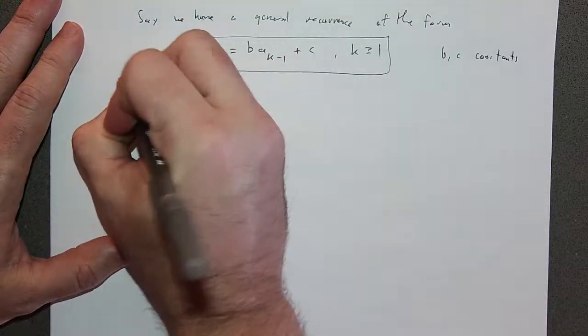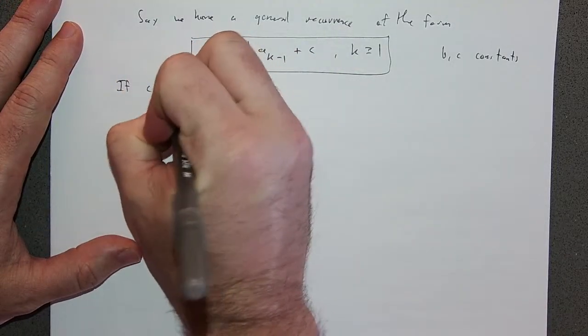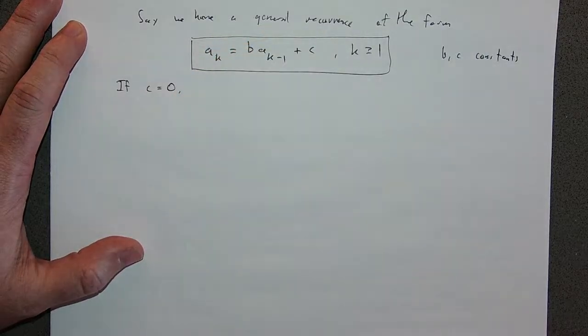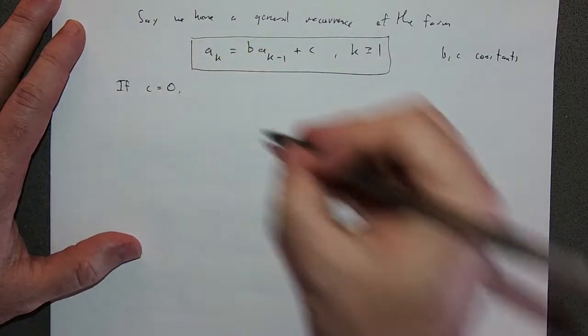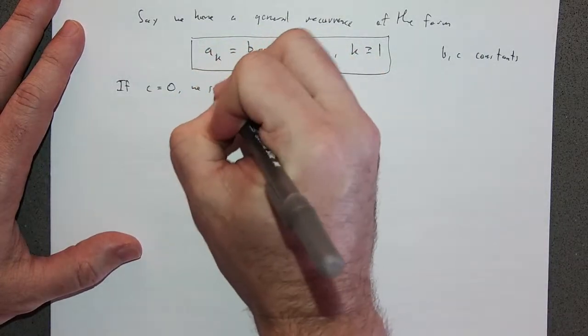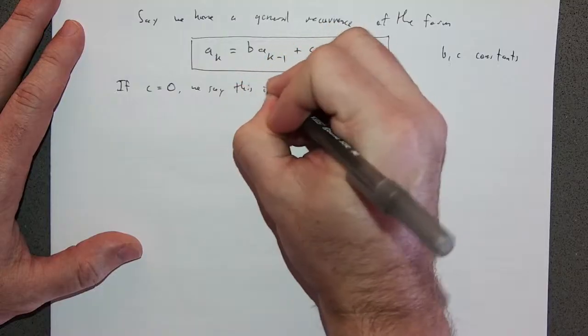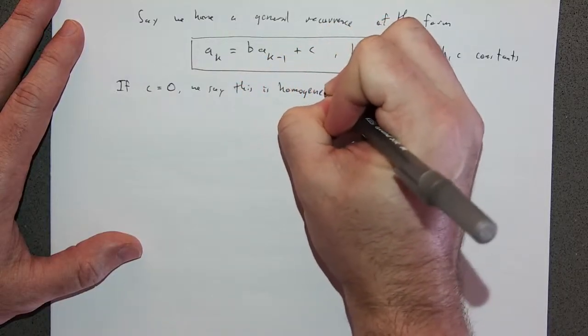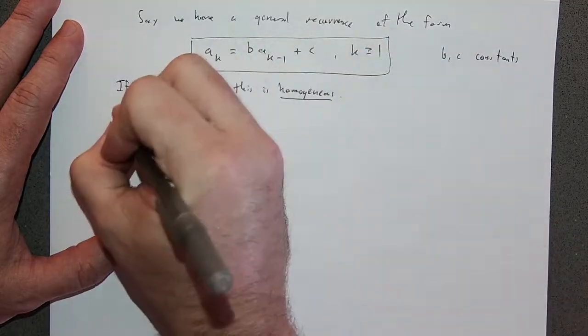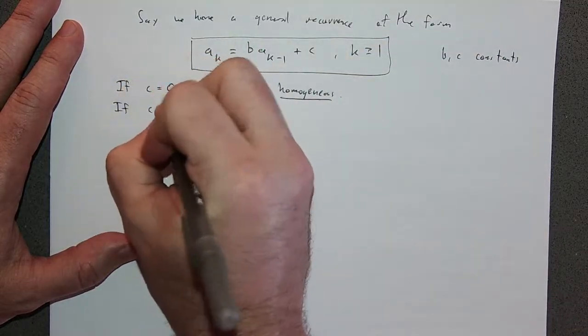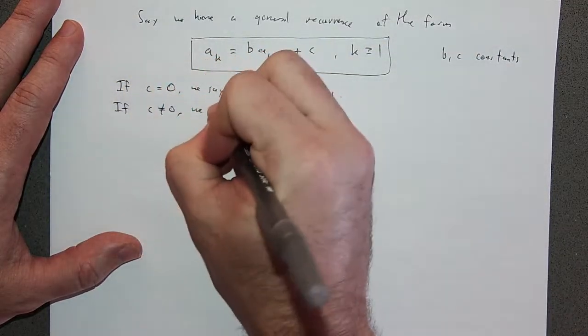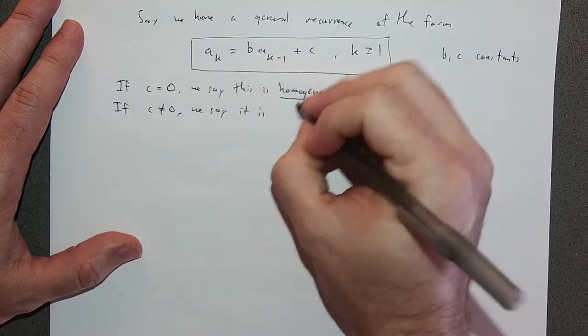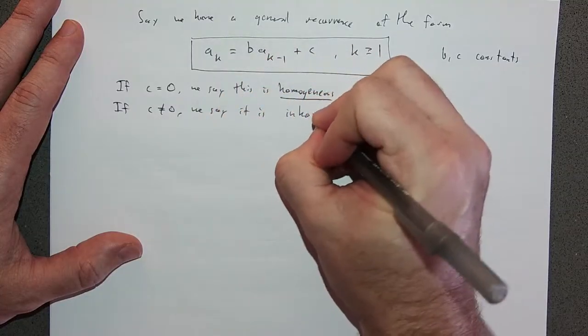If c is 0, we call this recurrence a homogeneous recurrence. If c is not 0, we say it is inhomogeneous.